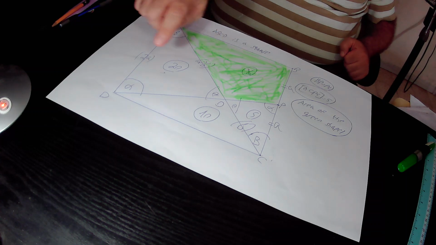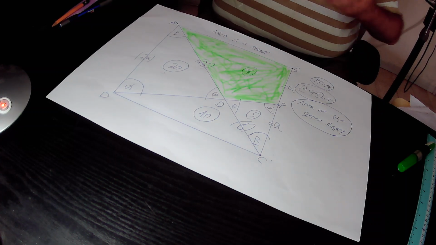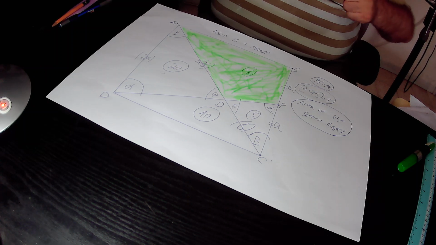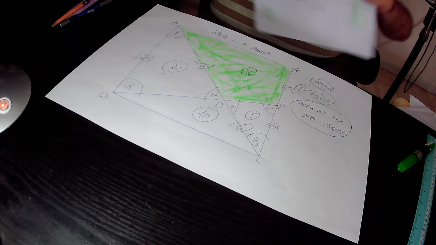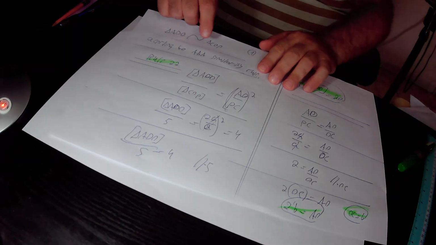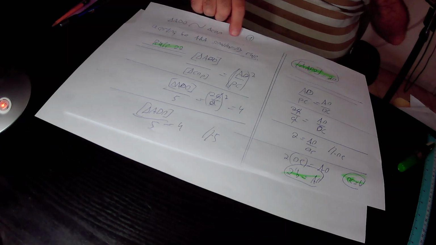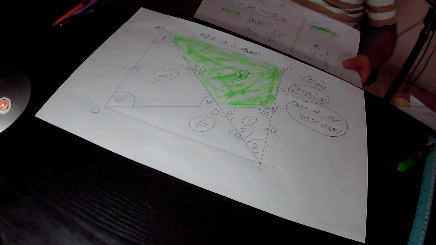Why? Because in our drawing, we already found out that the big triangle ADO is similar to the small triangle POC. So according to Rule 22, the ratio between the areas of those two triangles, that is to say, the area of triangle ADO over the area of triangle COP, is equal to the square of the ratio of their corresponding sides.